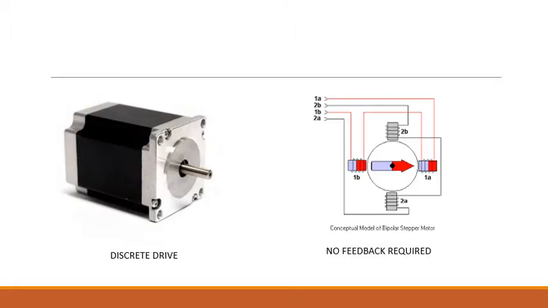So first of all, the first motor is the stepper motor, and the stepper motor has, I don't know, 50 or 100 or many poles, maybe 200 poles. The main problem is that this stepper motor is controlled by discrete drive. It means that, for example, its pulse is around 360, so 360 degrees divided by 360.